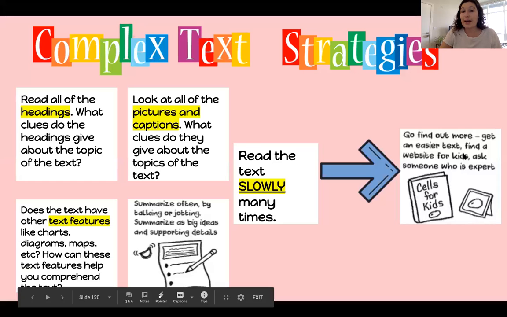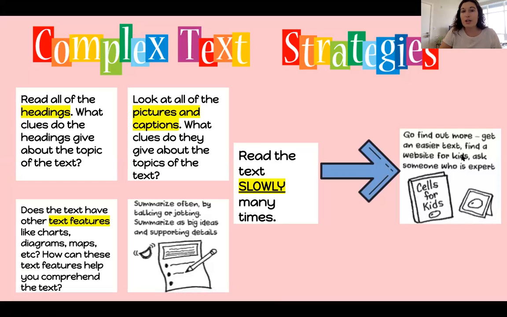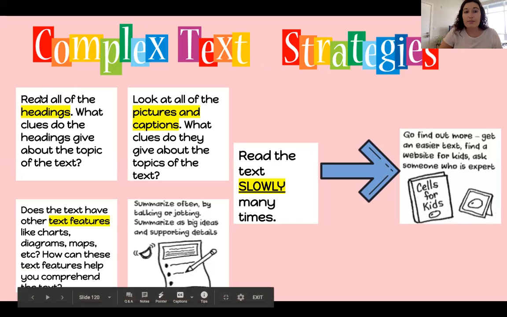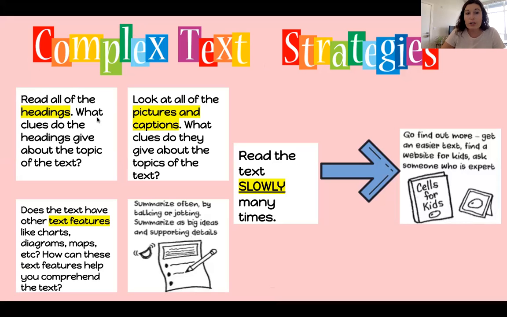This is the tool I have for you. It is a chart that says complex text strategies. And these are some strategies you can use to read complex nonfiction. Start off, you could read all of the headings. What clues do the headings give about the topic of the text?